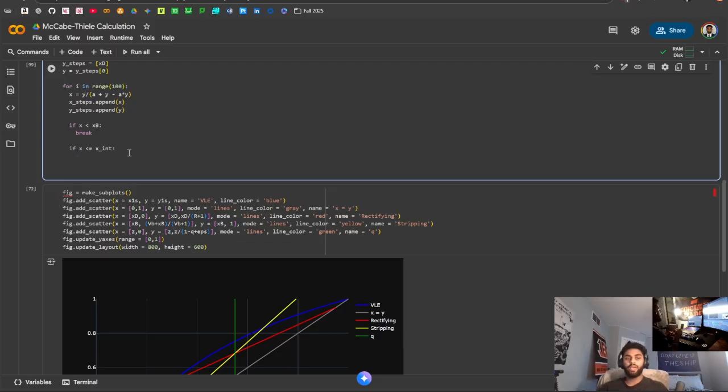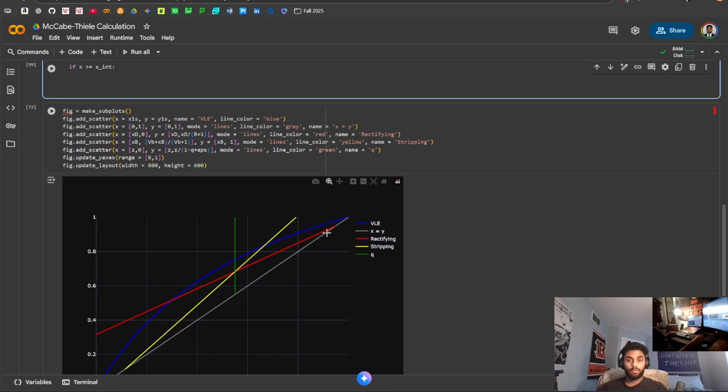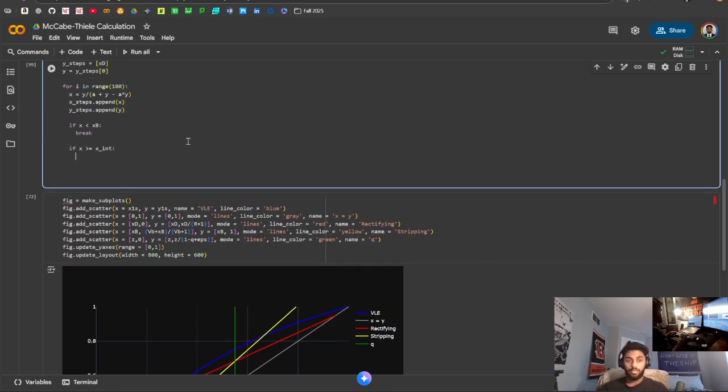We could say that if x is less than our intercept, then we want to switch to our stripping line. But since we're already starting in the rectifying section, what might make more sense is to say if we are greater than this intercept, we are still in our rectifying section, so use our rectifying operating line.